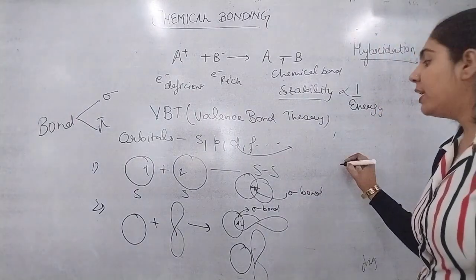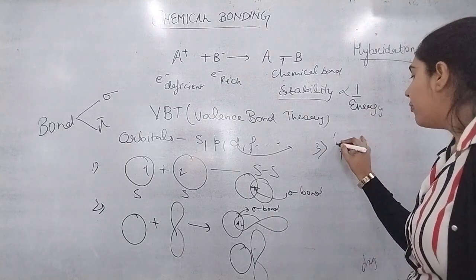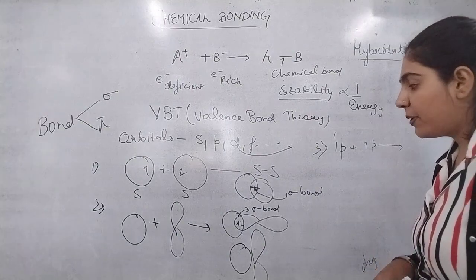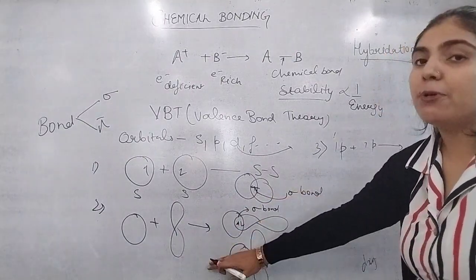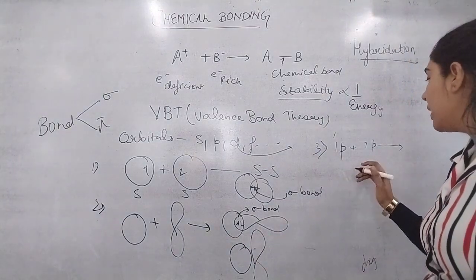Now the third possibility we are discussing is when a pp orbital is overlapping. When one p and one p orbital overlap, what kind of bond is formed? We have seen ss orbital gives a sigma bond, sp orbital gives a sigma bond. Now pp orbital, what would happen?